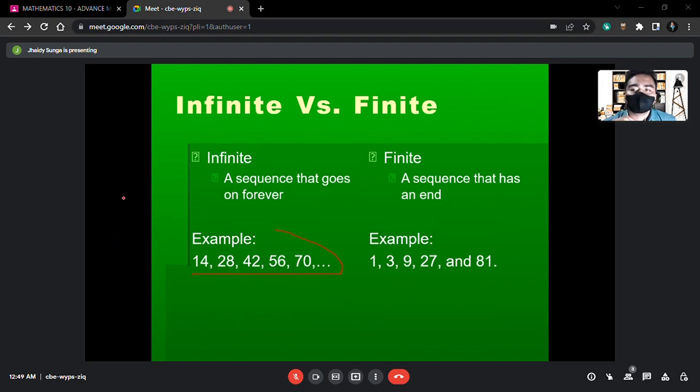If we say finite, these are the examples. As for their definition, when we say finite, there is an end, or there is a period, or there is the last value of the given set or given sequence, right?